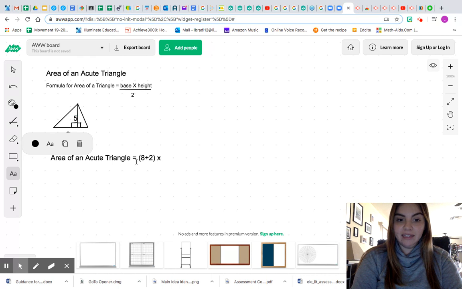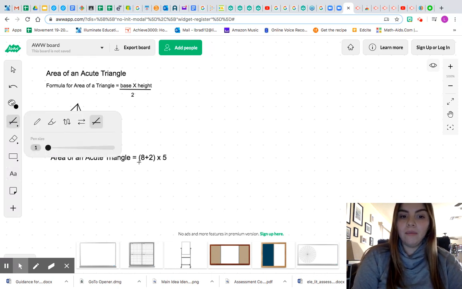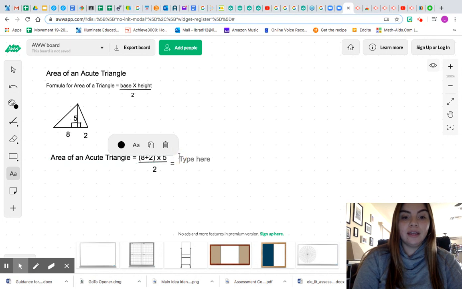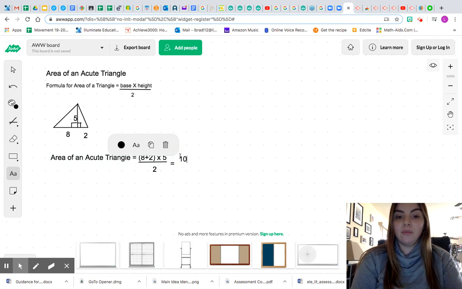And we know that the height is 5 because they gave us that, 5. And the whole problem is going to be divided by 2. We know because of order of operations that we have to do the parentheses first. So 8 plus 2 gives us 10.